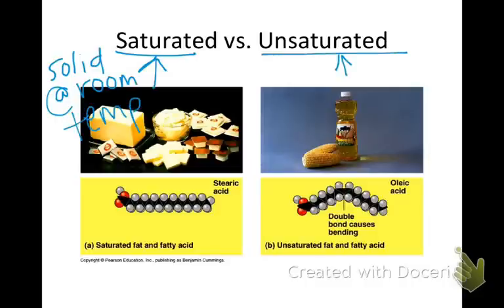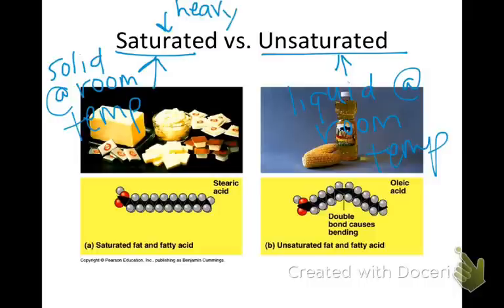Unsaturated are going to be liquid at room temp. Saturated fats have fatty acids that are saturated, or all that saturated means is that it is just very heavy with hydrogen.